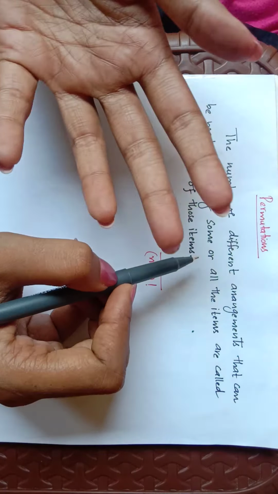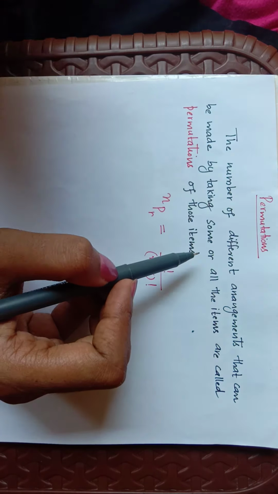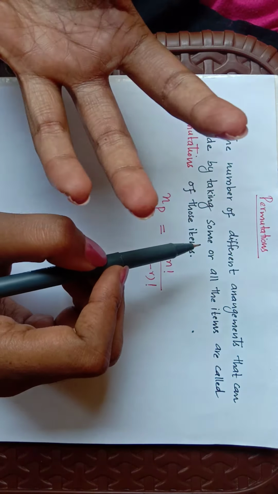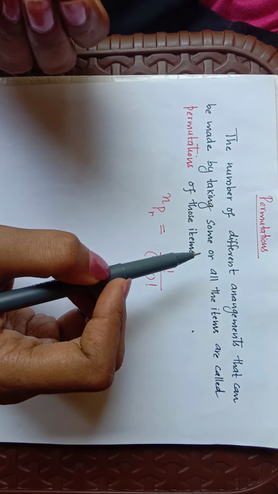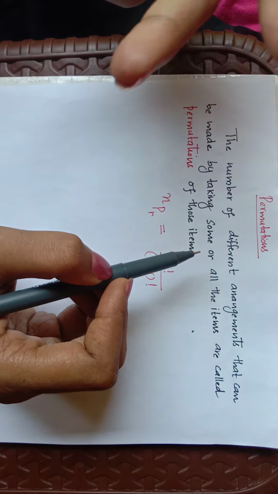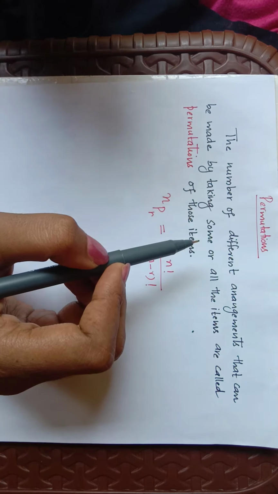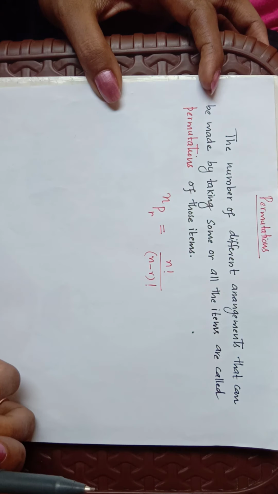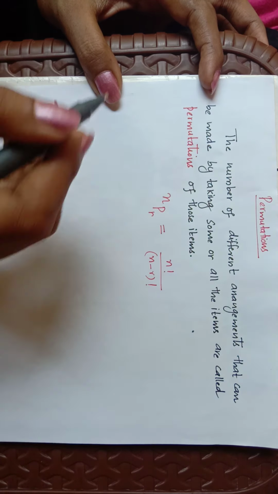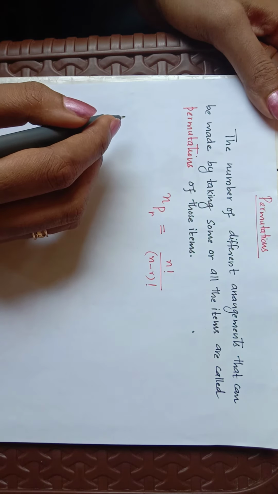So if we are given a group of items, we can either take all the items at a time or choose only a few from it. Those arrangements are known as permutations. Now, as I told you, the formula nPr is given by n! / (n - r)!. Now we can do some problems related to this.